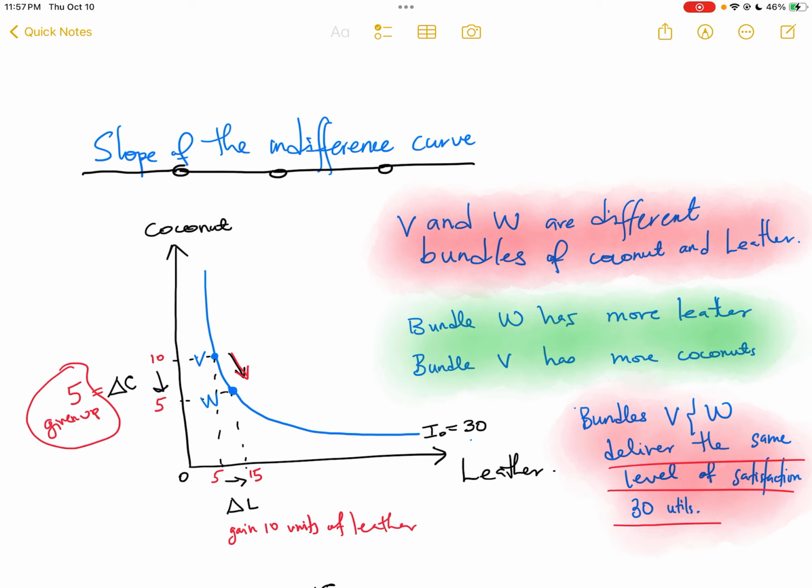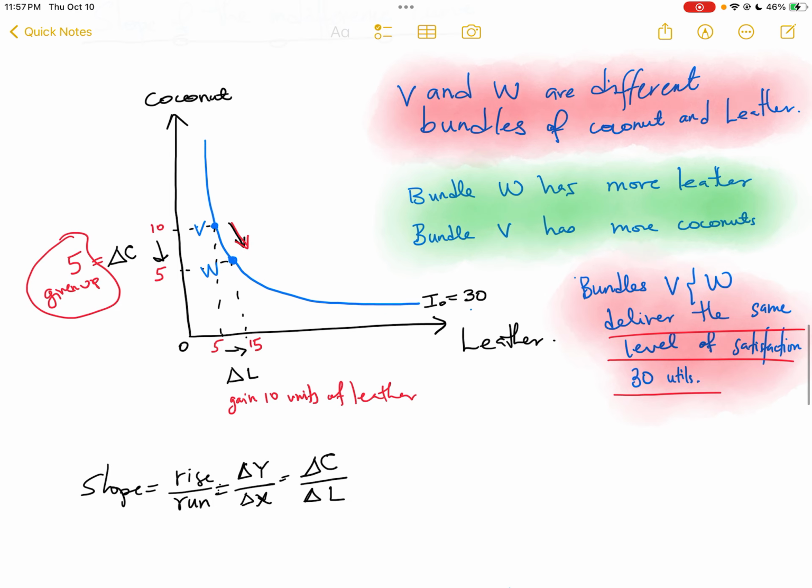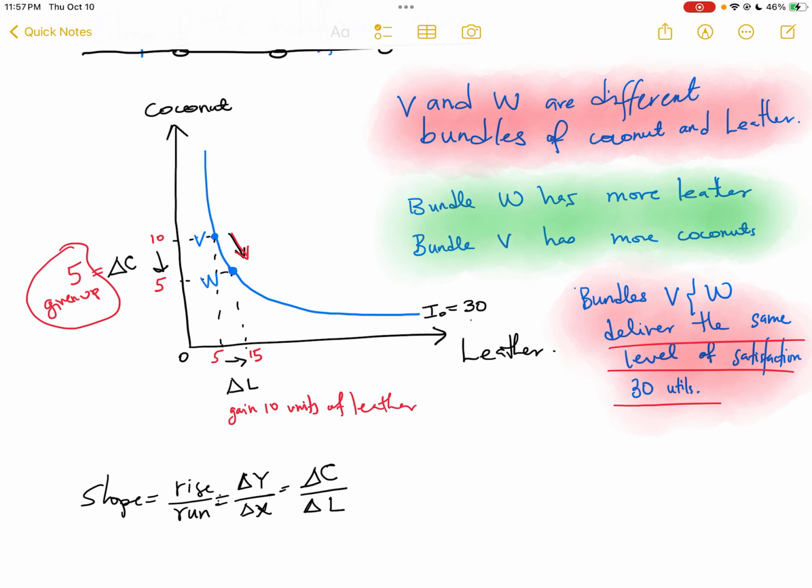So how do we capture that exchange? We capture that exchange in the slope of the indifference curve as you move from bundle V to bundle W. So how then do we calculate the slope of this indifference curve?